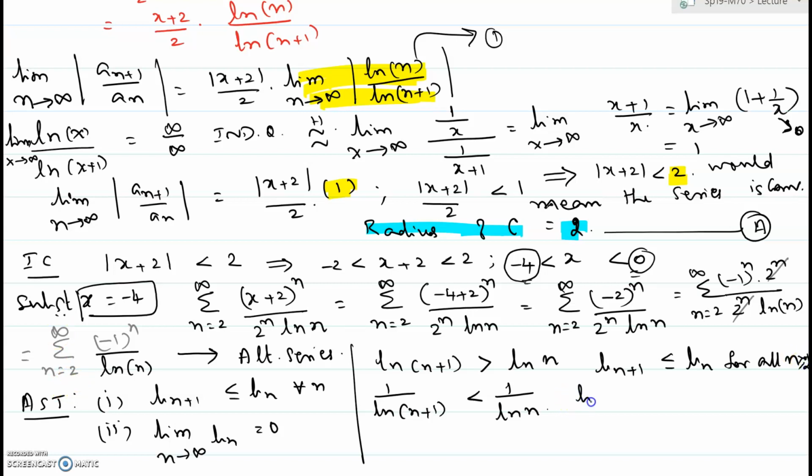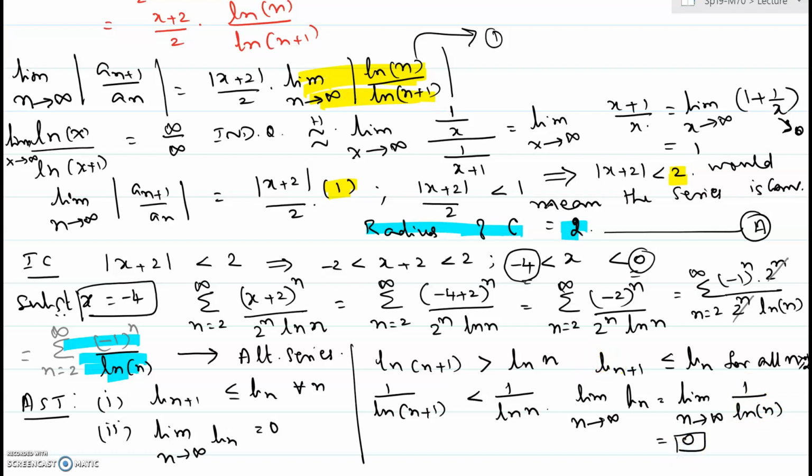And then the second condition: the limit as n approaching infinity of b sub n is the limit as n approaching infinity of 1 over ln n. So b sub n is this alternating series without the sign. As n approaches infinity, ln n also approaches infinity, so it's 1 over a large number, that is 0.